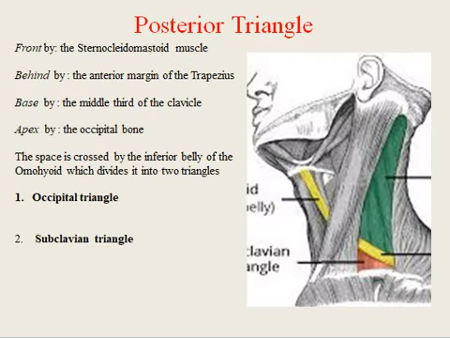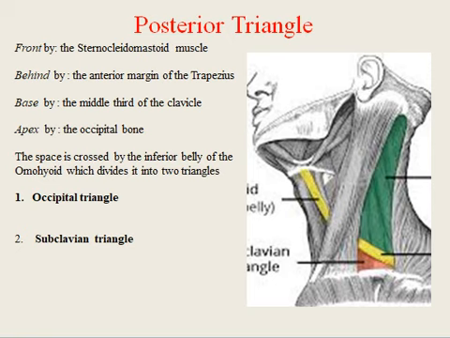Now coming on to the posterior triangle of the neck. Boundaries of the posterior triangle: in front by the sternocleidomastoid muscle, and to be more precise, the posterior surface of the sternocleidomastoid muscle; behind by the anterior margin of the trapezius muscle; base by the middle third of the clavicle; apex lying upward towards the occipital bone or towards the mastoid process.